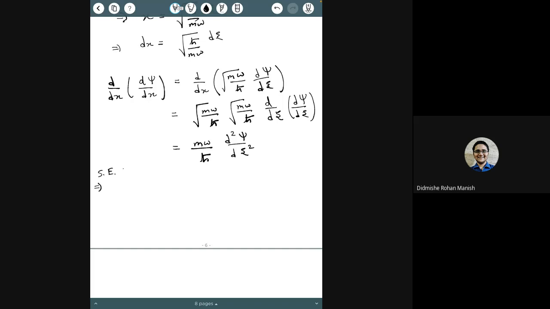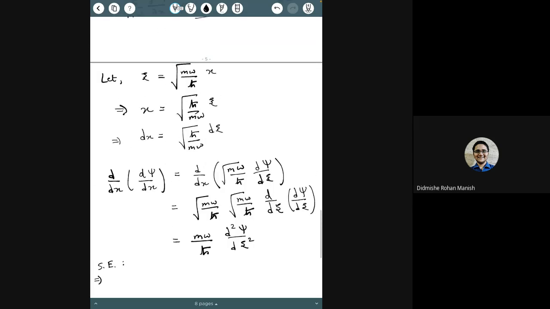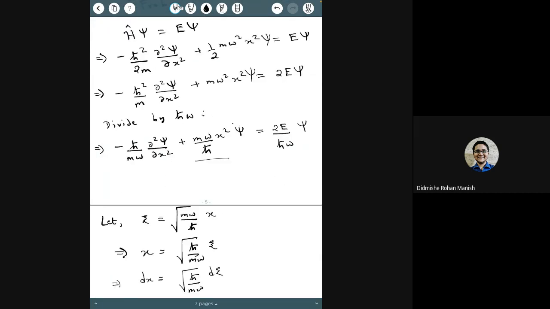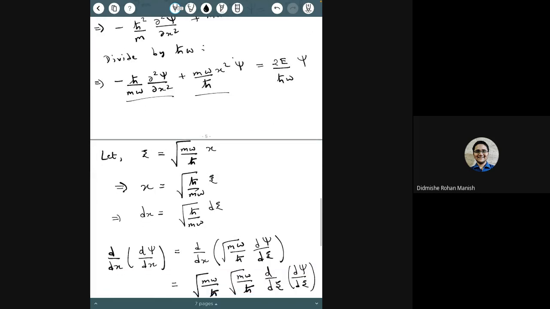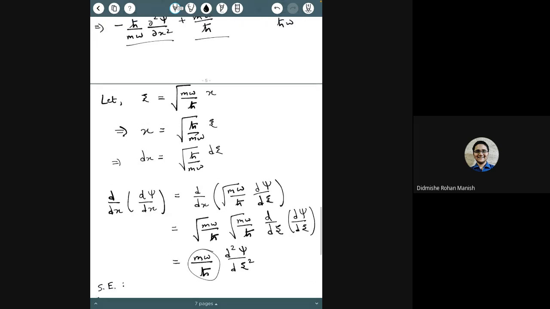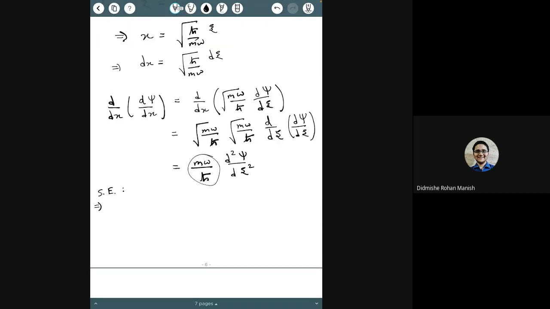Back to the Schrodinger equation. So we have this, and then it cancels with this factor. So h cross by m omega on the first term cancels with m omega by h cross from the second differential, and I end up with minus d square psi by d xi square.